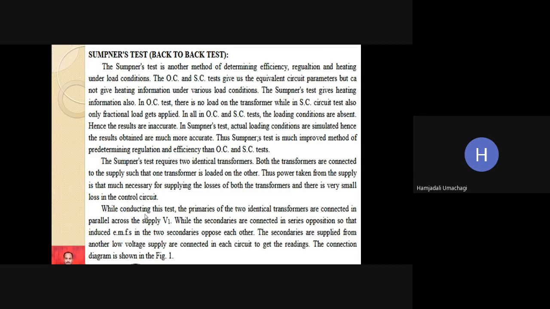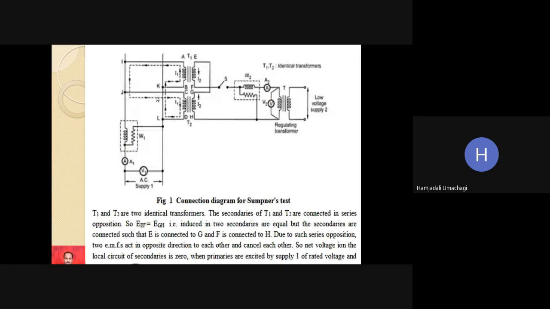Then, while conducting this test, the primaries of the two identical transformers are connected in parallel across the supply V1. As I told you, these are the AC lines, and the voltage across these two AC lines is V1, and this voltage is measured by the voltmeter V1. It is measured with the help of the voltmeter, which is connected across the AC lines.